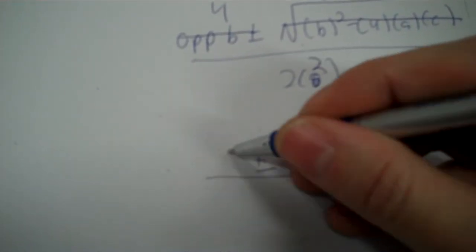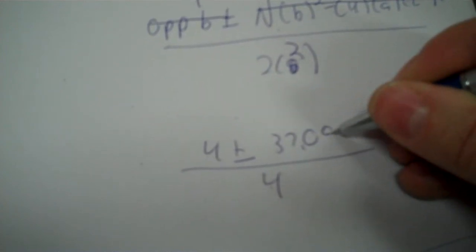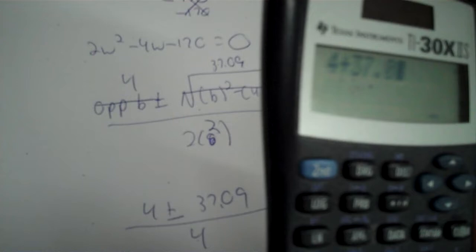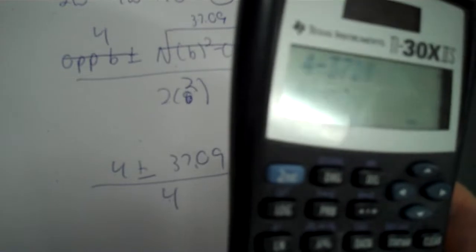And A is 2. So I got 4. 2 times 2 is 4, and you can drop 37.09 there. That gives 10.27. That'll work. The other one's probably a negative that I'm just going to end up crossing off.